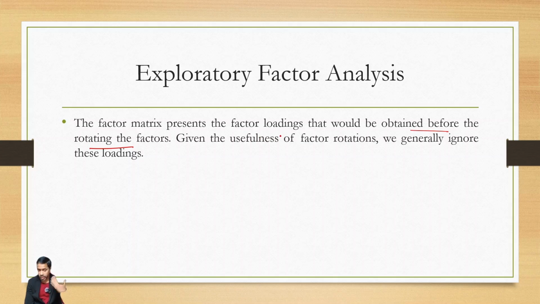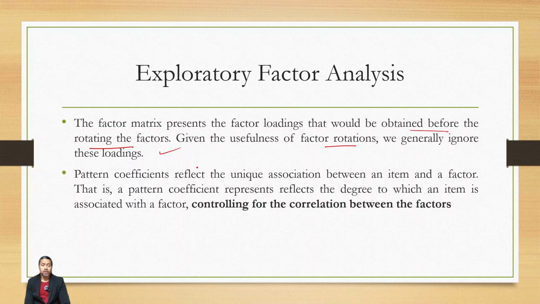The results are not that clear, and given the usefulness of factor rotation, you generally ignore this first set of loadings. Pattern coefficients reflect the unique association between an item and a factor. Please pay emphasis on the word unique: it reflects the degree to which an item is associated with a factor, controlling for the correlation between the factors.